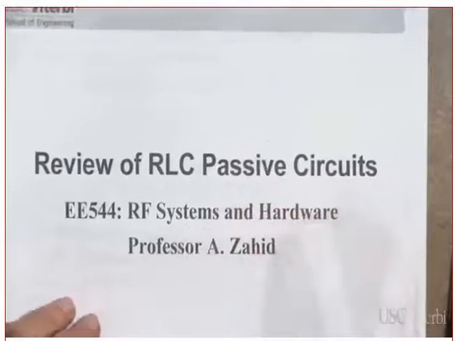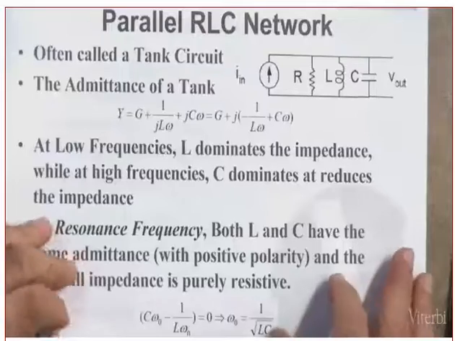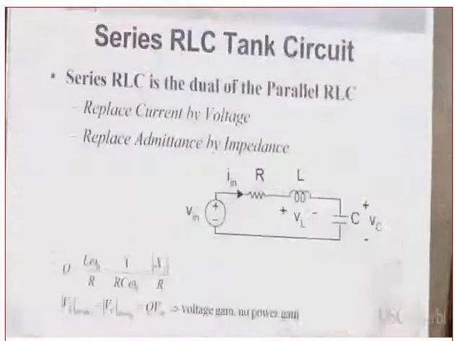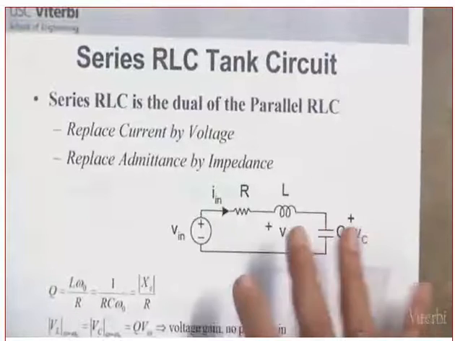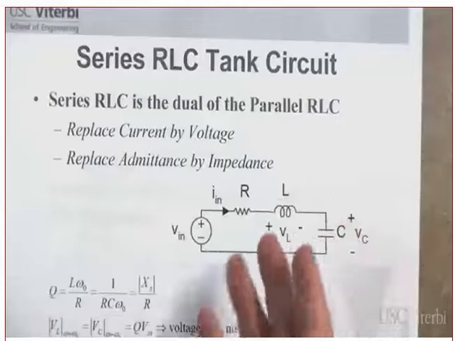So we said that we need to have a short look at summarizing this. We started, first of all, looking at a series RLC tank circuit. What is the major finding we saw last time?